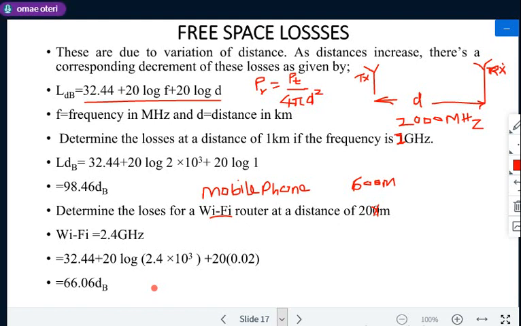For the mobile phone, you can use the latest. Let's use the 2100. So someone could use the 800, 900, 1800 or 2100. Yeah? So let's use the 2100.